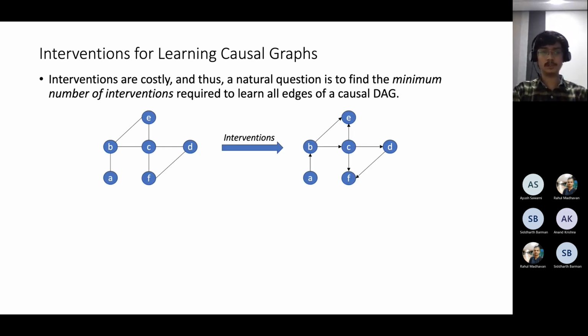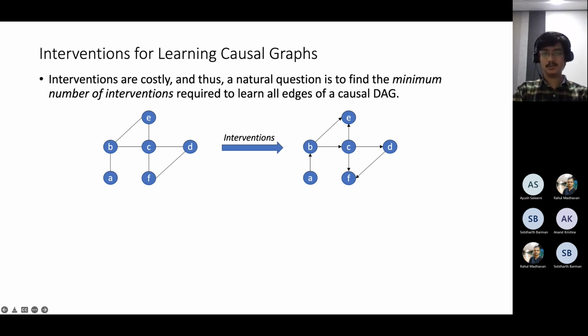For example, we have learned the MEC on the left using observational data, meaning we have these adjacencies. Using interventions, we can learn this true DAG, which is the actual causal DAG that we want to learn. One may ask what is the smallest set of interventions that we need to learn all the edges of the causal DAG on the right.